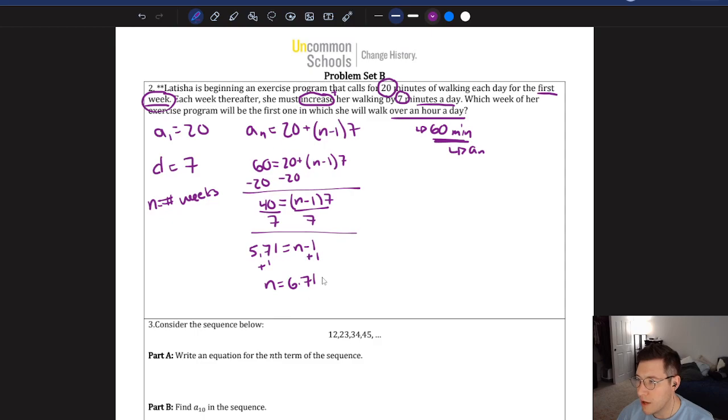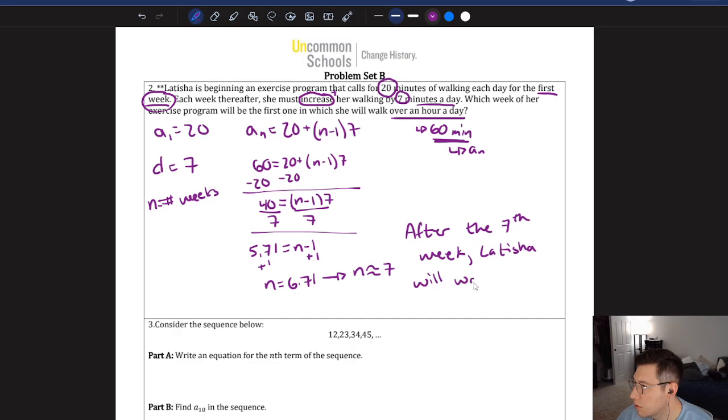And so what I'm actually going to do is round this value up and say that n should be rounded to 7, meaning that after the 7th week, Letitia will walk more than 60 min.